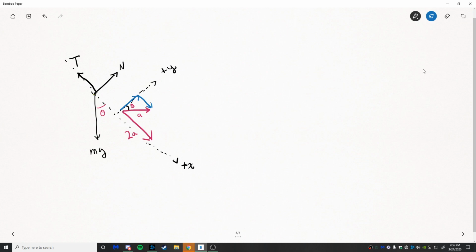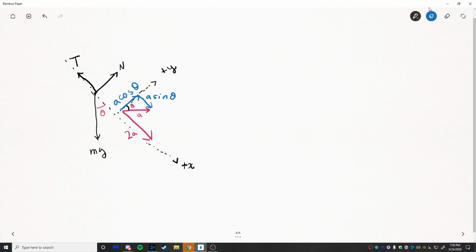And this way. Where if this is A and this is theta, then this should be A times the sine. Nope, not sine. This should be A cos theta. And this should be A sine theta.